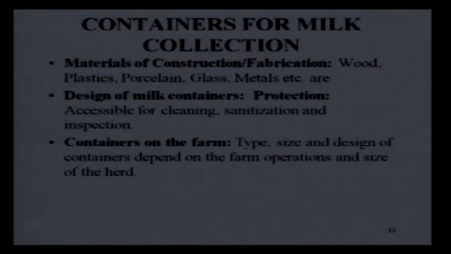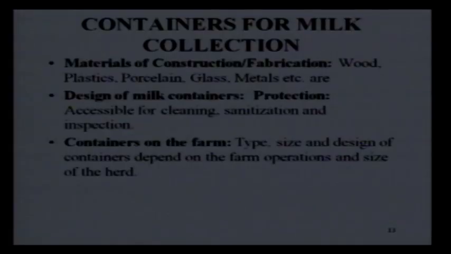Now whenever we design the milk container, we have to ensure that the milk is safe, and the container is easy to clean, sanitize and inspect, because the maximum chances of contamination normally take place through the container. If our container is not clean, milk soil builds up, bacteria grow in this milk soil, multiply and even contaminate the fresh milk.